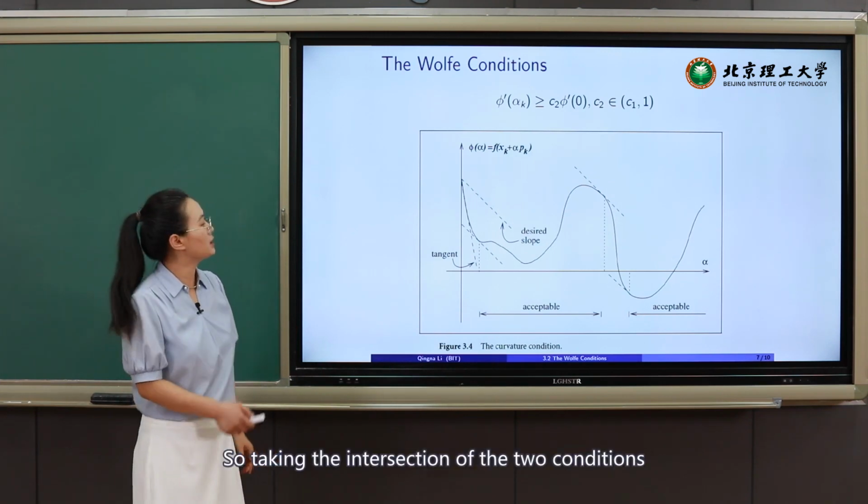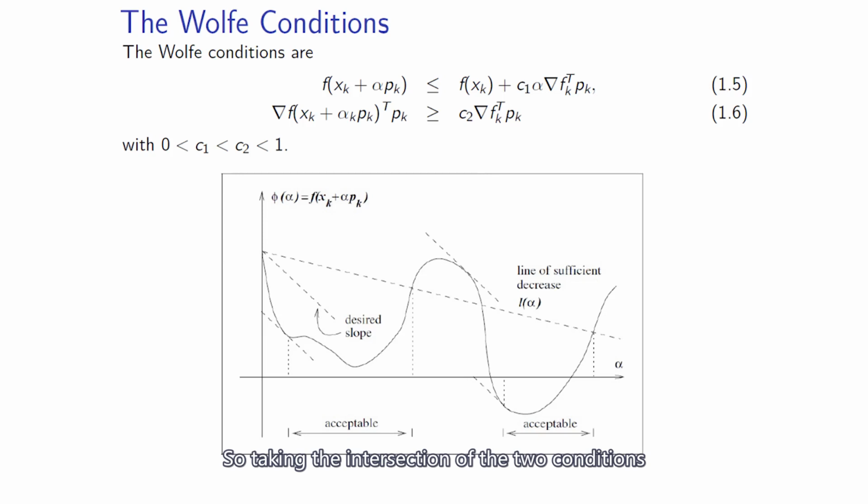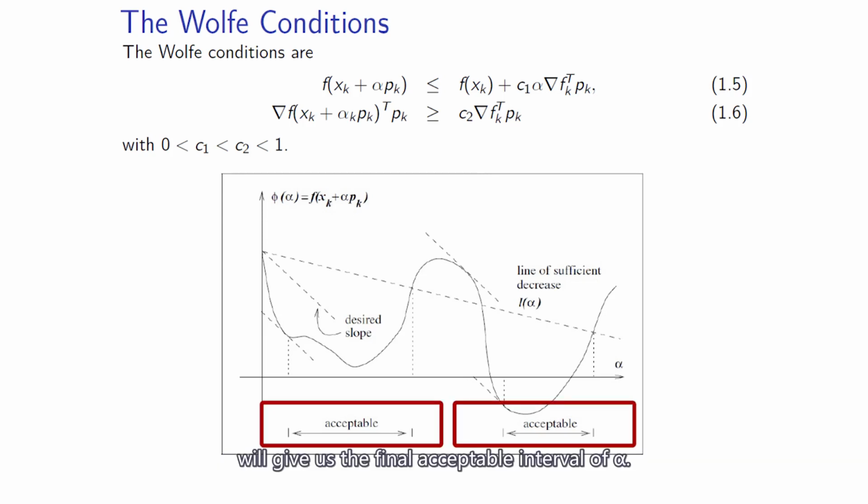Taking the intersection of the two conditions gives us the final acceptable interval of alpha. Any point lying in these intervals will be a candidate for our inexact line search. So we just pick one of them as our inexact line search step, and then we move forward.